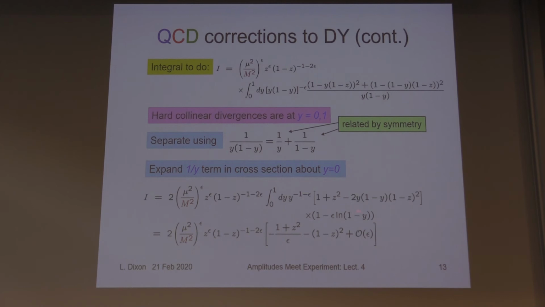And we might also want to expand the term in this contribution as well, although this term, as y goes to 0, vanishes, so it doesn't actually give a contribution. And then we do the integral over y, and we get a minus 1 over epsilon factor and a 1 plus z squared. And then we have this prefactor here, and we can expand this further in epsilon.